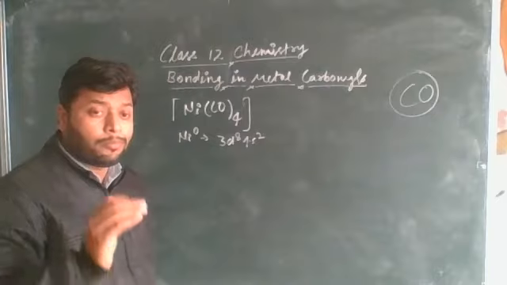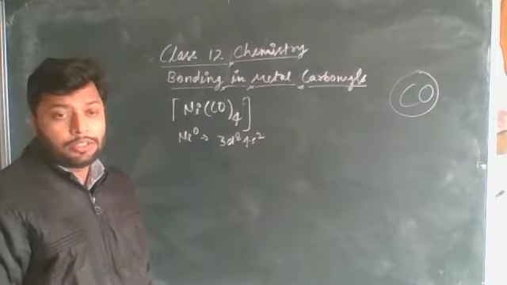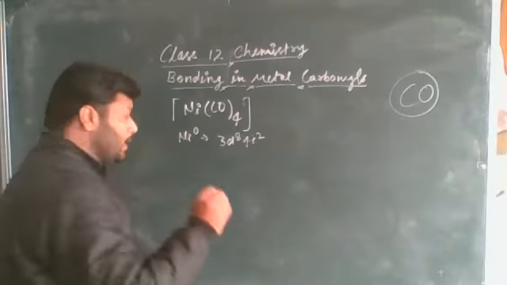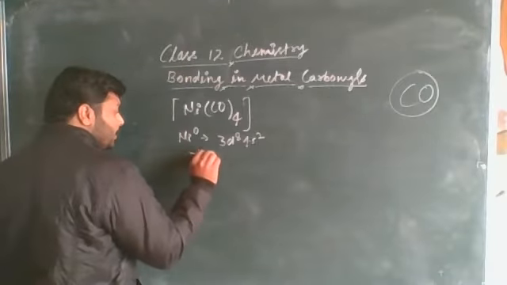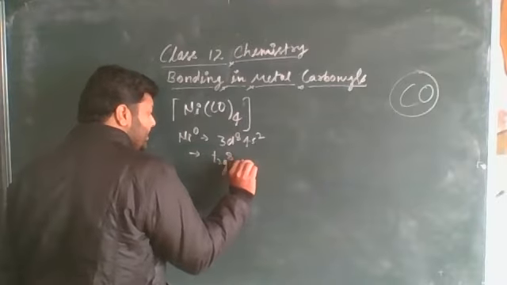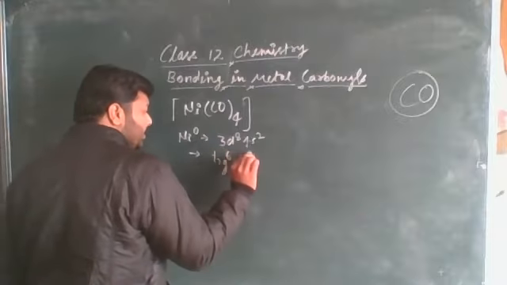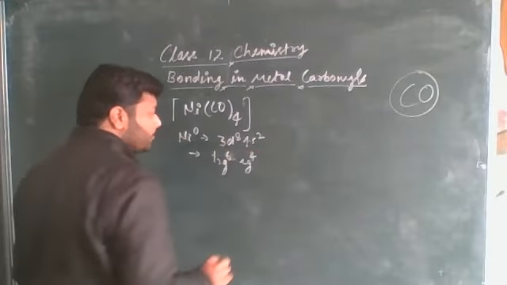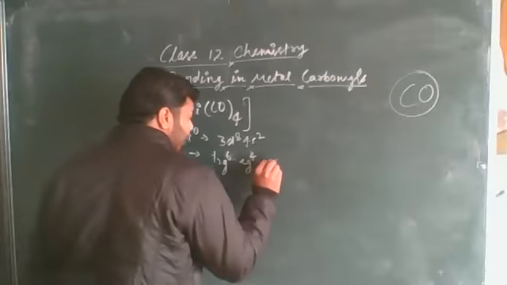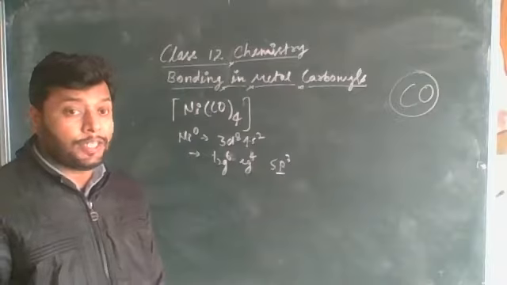Carbon monoxide is the strongest ligand, as the spectrochemical series tells us. So the electrons must get paired, and there will be t2g6 and eg4, and that is the reason the hybridization is sp3 and the complex formation is tetrahedral.